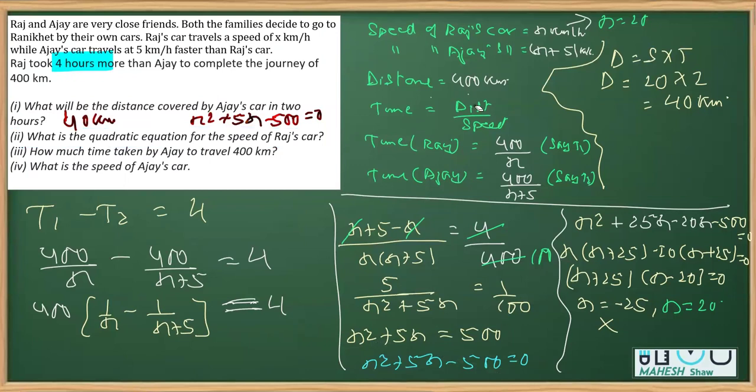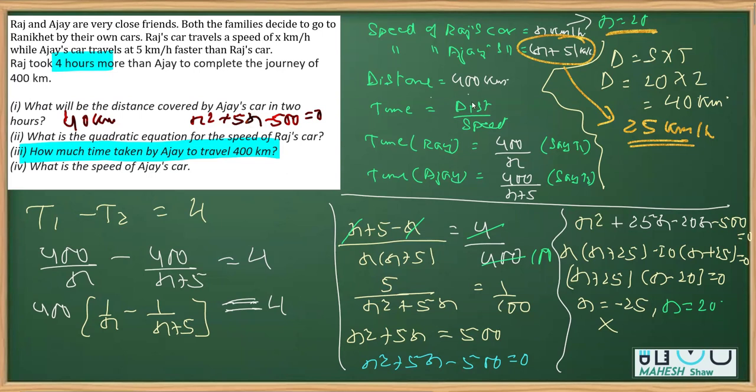Now coming to the third part, it says how much time is taken by Ajay's car to travel 400 kilometers. What is the speed with which Ajay's car is moving? It is x plus 5 and x is 20, so 20 plus 5, that is 25 kilometers per hour. They're asking for the time.